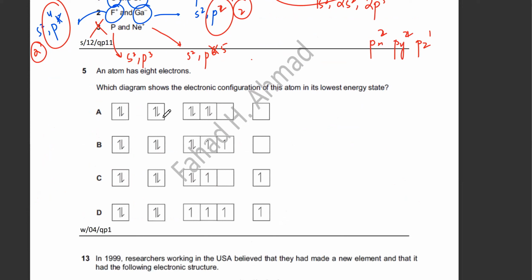Also remember the box representation we did. I told you that orbitals can be represented by boxes. Whenever you write, say an atom has 8 electrons, the 8 electrons is 1s2, 2s2. These are the subshells, and with 8 electrons, it's going to be 2p4. Previously I told you that each of the orbitals can be represented by, there's another way of representing this.